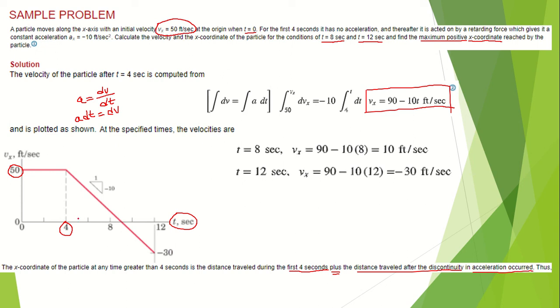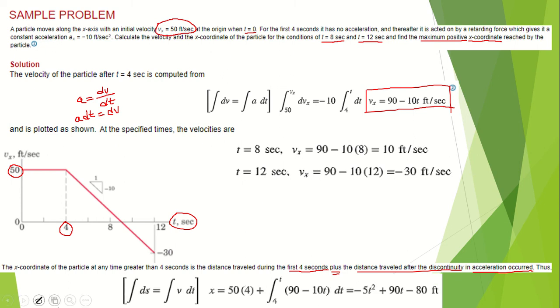So here we have a constant acceleration when there was a discontinuity. All right. So we have here the result.